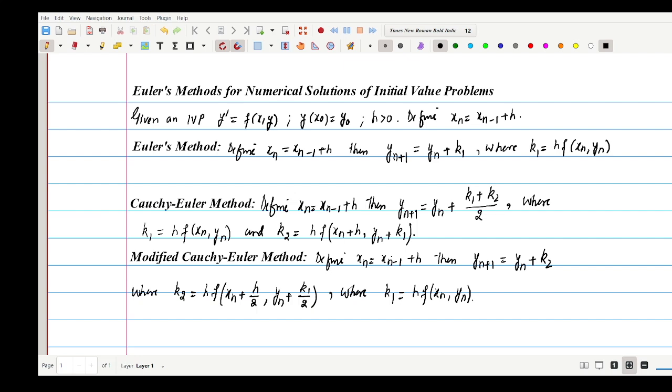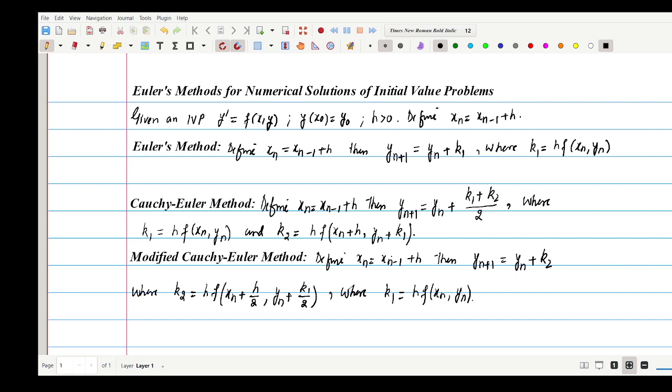And in the modified Cauchy-Euler method, we define again xn = xn-1 + h, and yn+1 is now defined a little differently. It is yn + k2 only, where k2 is h f(xn + h/2, yn + k1/2). But now the definition of k2 uses k1 in its second coordinate, so we are forced to define k1 again, in the same way as in Euler's method or the Cauchy-Euler method: k1 = h f(xn, yn).